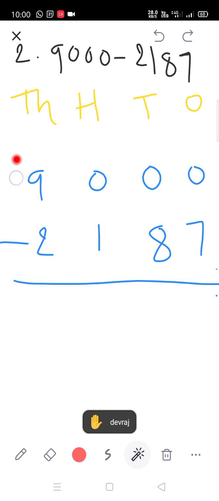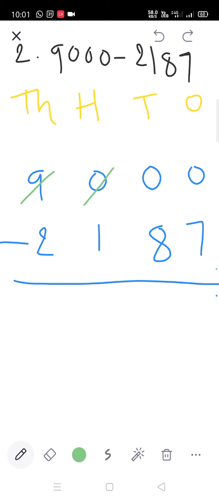You have to take a borrow from the 1,000 for the 100 place 0. So firstly, I am going to take a borrow for this 0 from the 1,000 place.